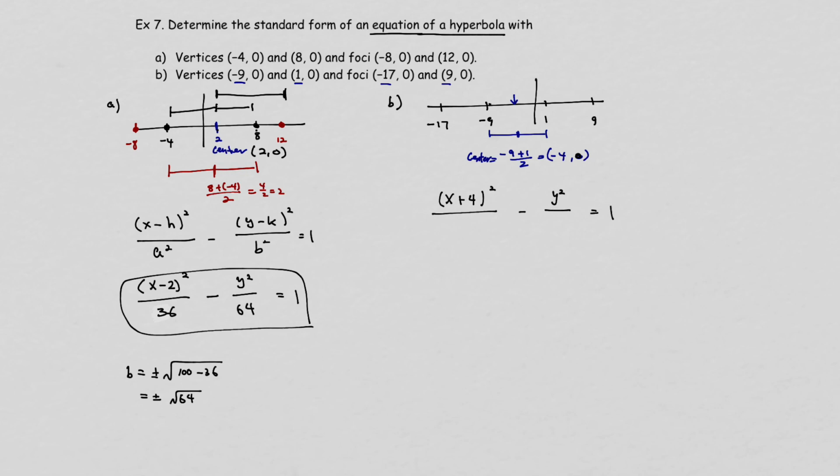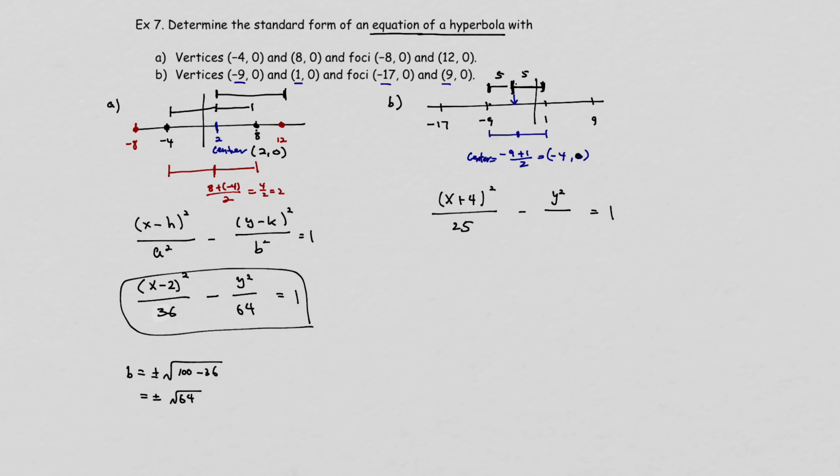Your a is going to be from the center to either side, so to negative 9 or to 1. And because that's negative 4, the distance is going to be 5. So 5 squared will be 25.